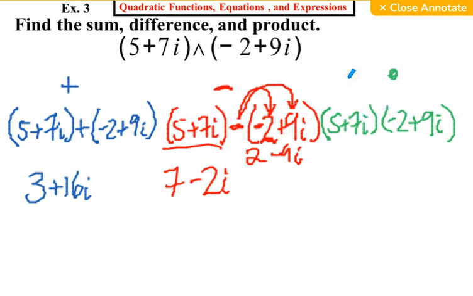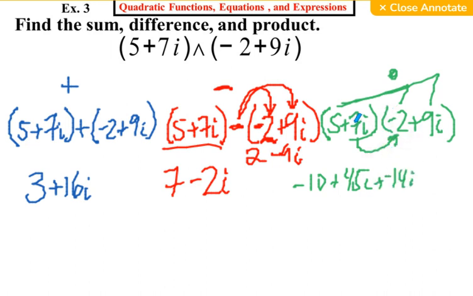Fredo, help me multiply this. 5 times negative 2. 5 times 9i. 7 times negative 2, negative 14i. And 7i times 9i. 63i to the second, yes.